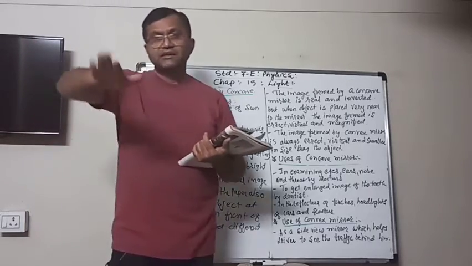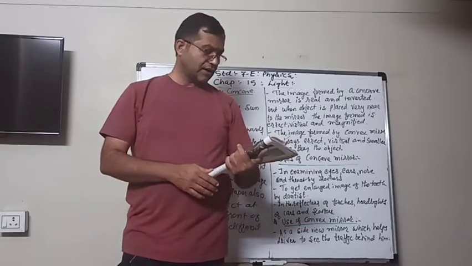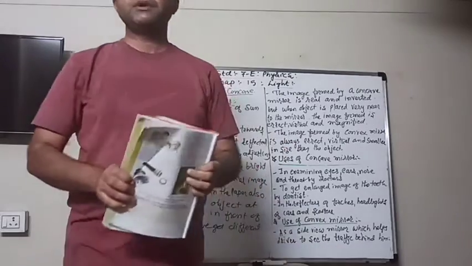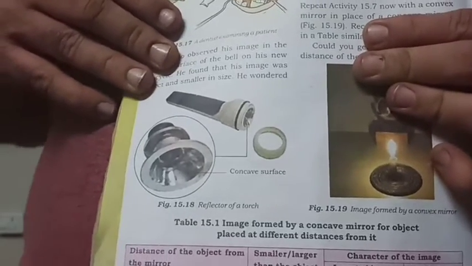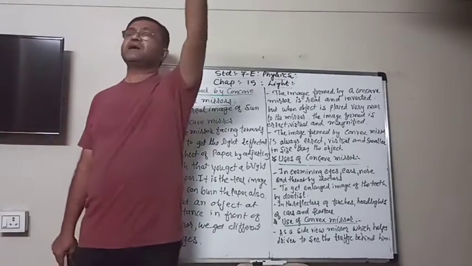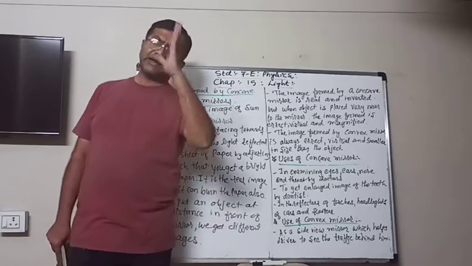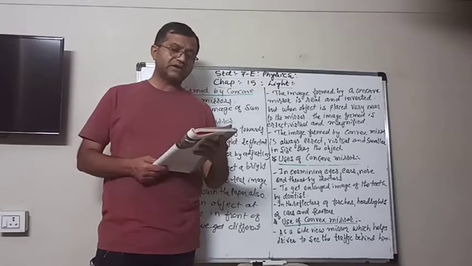If you see inside, there is a reflecting part which is concave, as shown here in the figure of the torch. You can see that inside the torch there is a reflector of concave shape, so they can throw the rays and beams of light to far distances, so that we can see in the darkness.